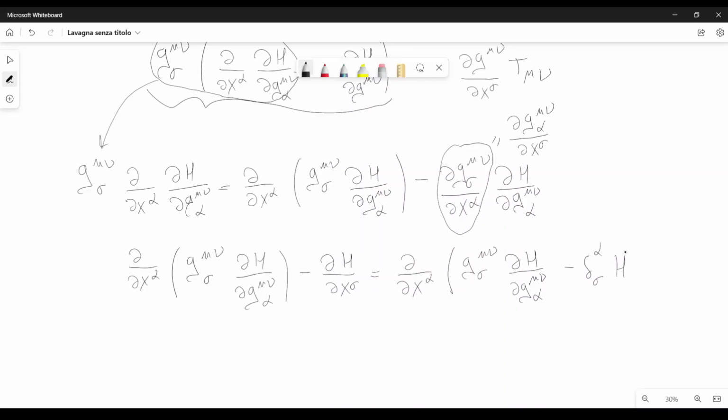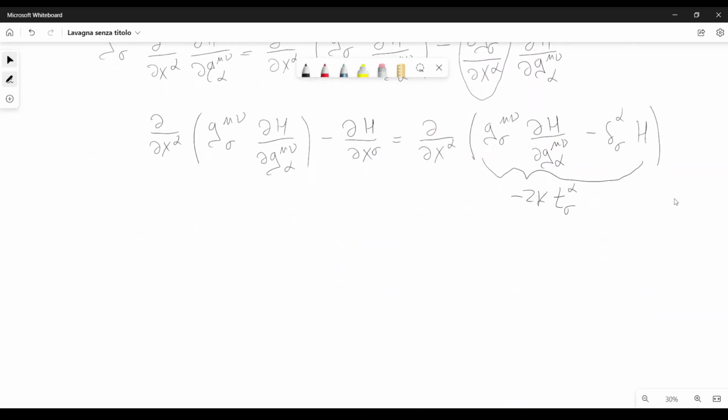We had already defined this quantity as minus 2k times lowercase t^α_σ. Therefore, we get that the derivative of lowercase t^α_σ with respect to x^α is equal to 1/2 the derivative of g^{μν} with respect to x^σ times uppercase T_{μν}.